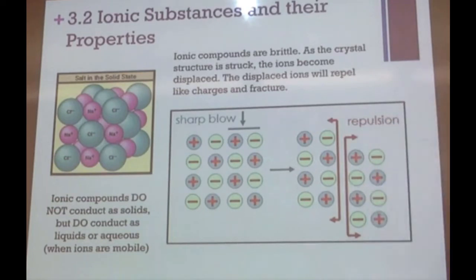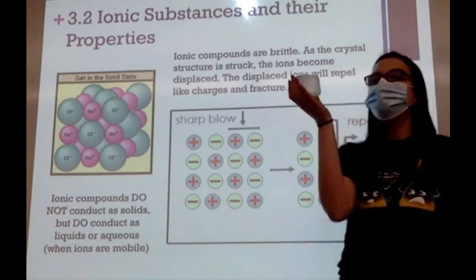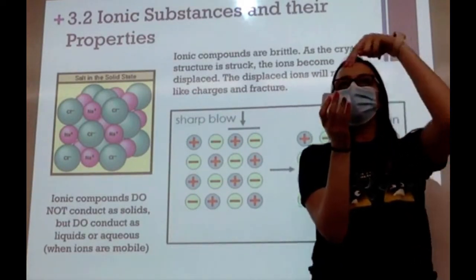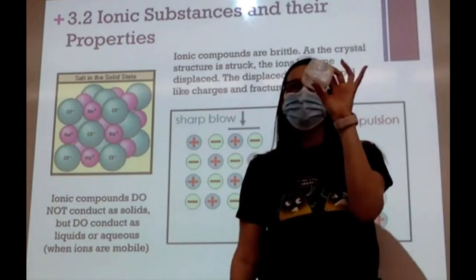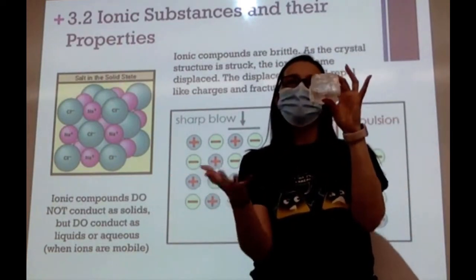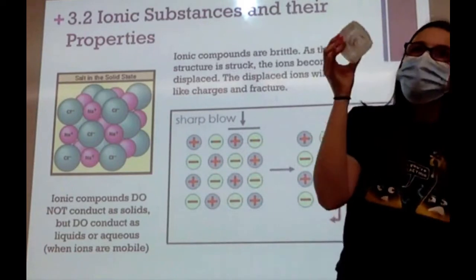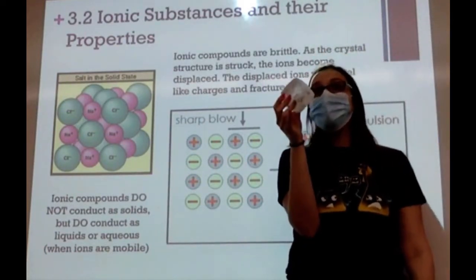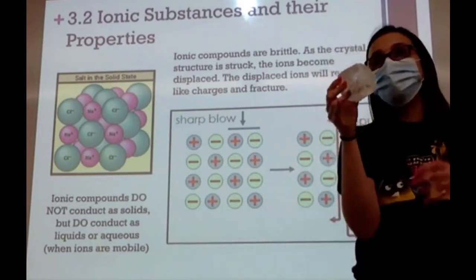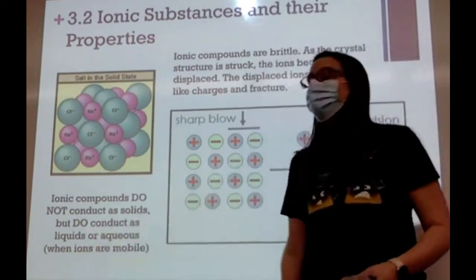So if I try to test the conductivity of this block of NaCl, I have that conductivity meter with the light bulb. If I stick the prongs onto this NaCl, it's not going to conduct. However, if I put this block of NaCl into water and I dissolve it, or I melt it, it will conduct electricity.